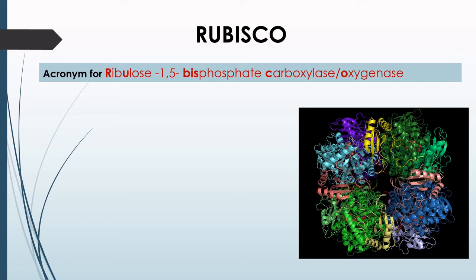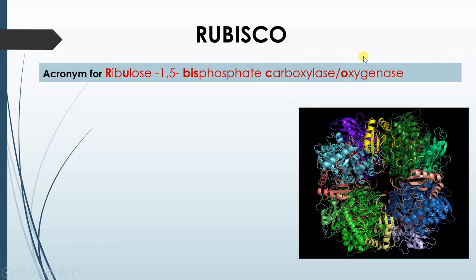Like all other enzyme names, the substrate for this enzyme is RuBP, that is ribulose 1,5-bisphosphate. The second part is the reaction it catalyzes, that is carboxylase/oxygenase.